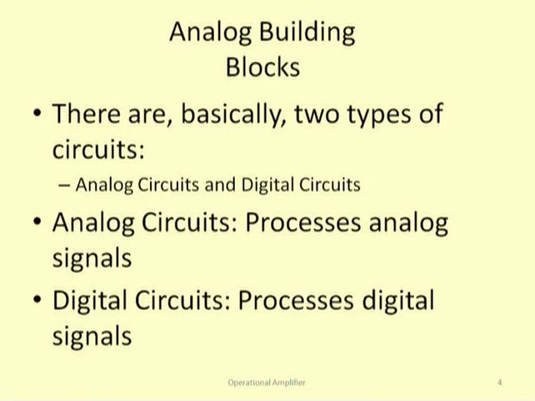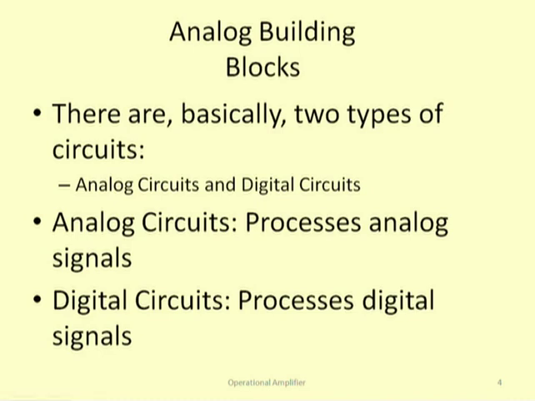Now, today we'll study about amplifier and ideal op-amp. Amplifier is one of the basic building blocks of analog circuits. There are actually two types of circuits. One is called an analog circuit.